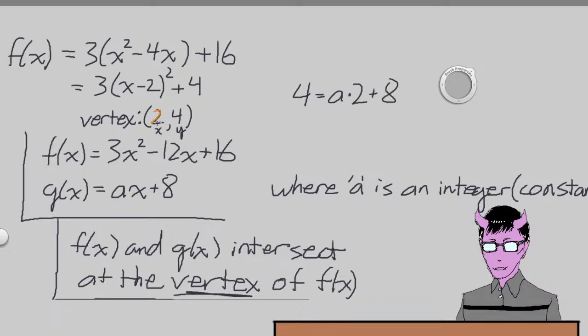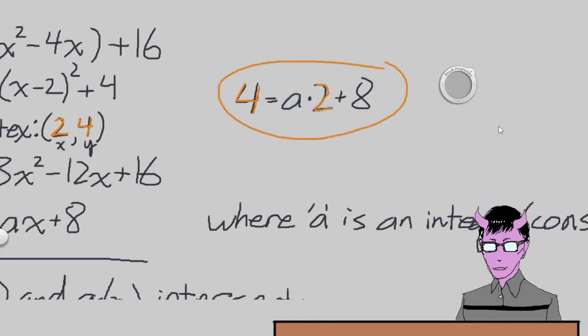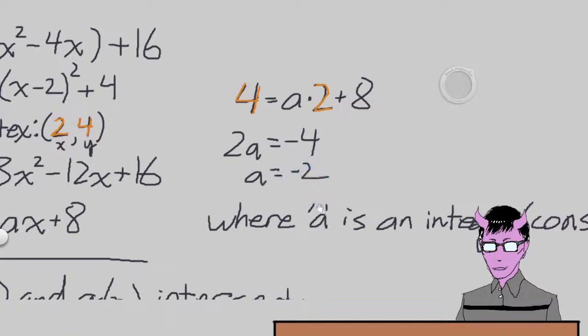We're going to call this orange 2, orange 4. That's the vertex for that one, but it also works inside here. So that's the 2 for the x value, and then the 4 for the y value. So this is a single variable, single unknown. Therefore, a is solvable, right? So minus 8 from both sides, we get negative 4. Divide 2 from both sides, a is equal to negative 2.